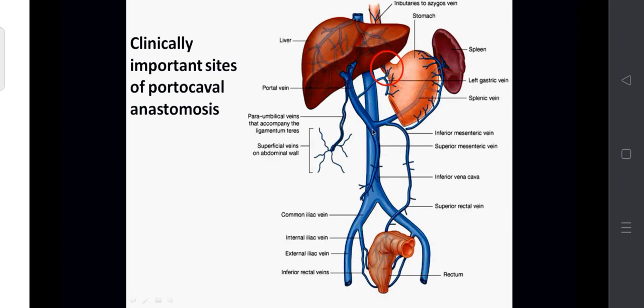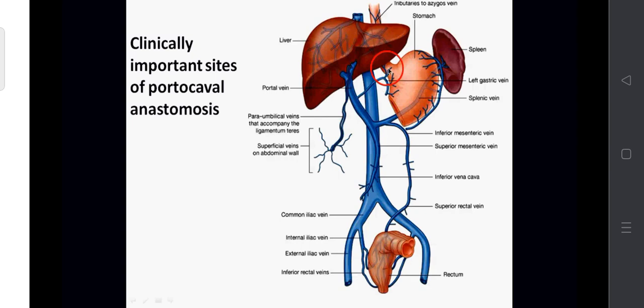So in a condition when there is portal hypertension or any condition which obstructs the blood flow through the portal vein into the liver, there will be backflow of blood from the portal vein to left gastric vein, from here to the esophageal veins. In such conditions, the anastomosis between the systemic veins and the portal veins tributaries at this place will open up.